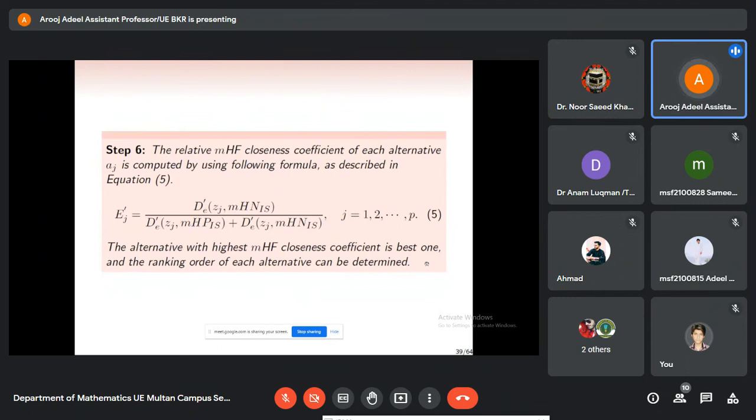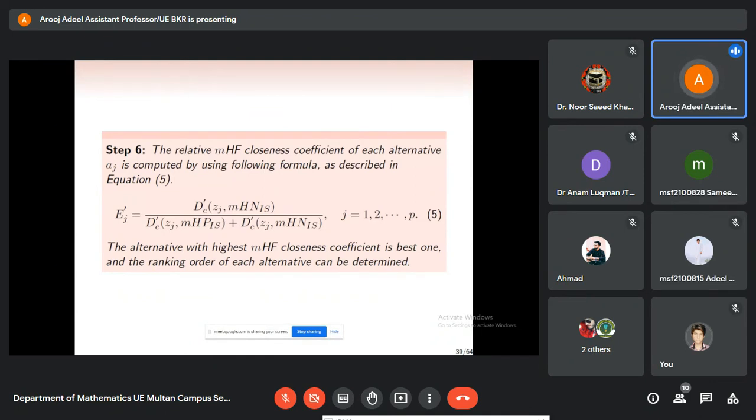In the last step of this method, we calculate the M-polar hesitant fuzzy closeness coefficient, which is basically the ratio of the negative ideal solution distance to the sum of the positive ideal solution and negative ideal solution distances. After this step, we will be able to find the ranking of the alternatives, and we will also be able to find the best alternative.